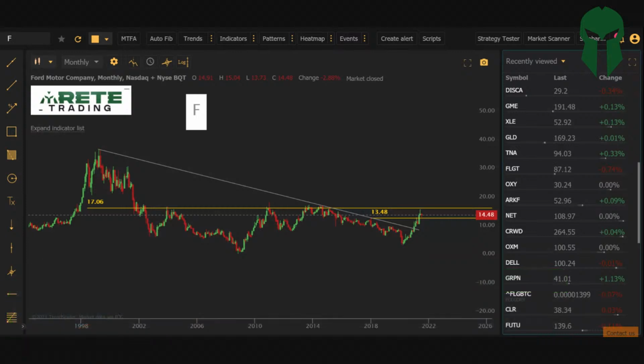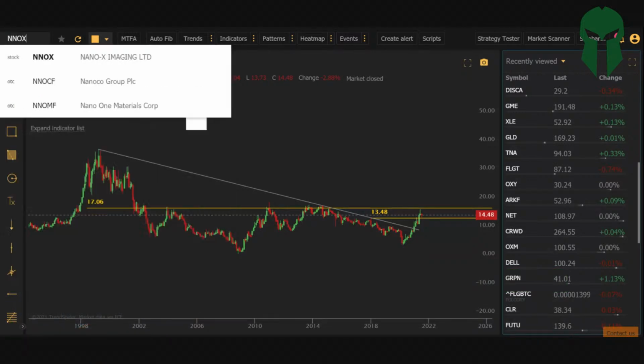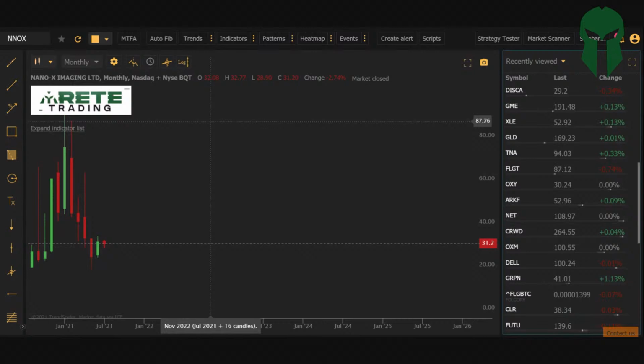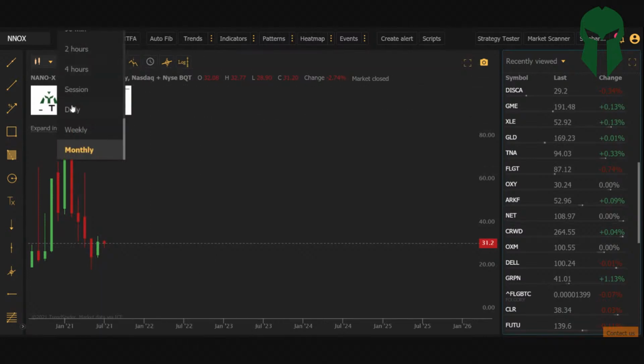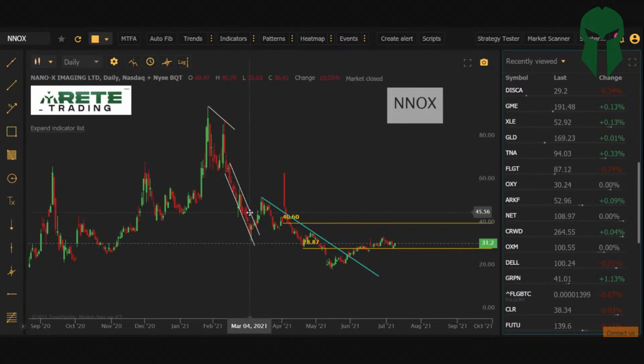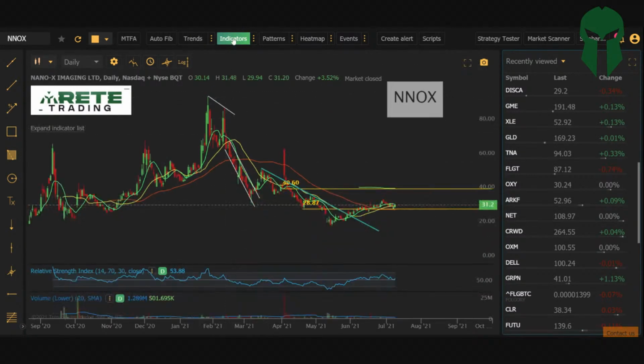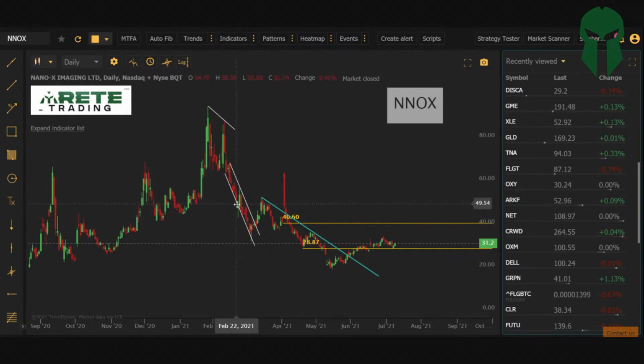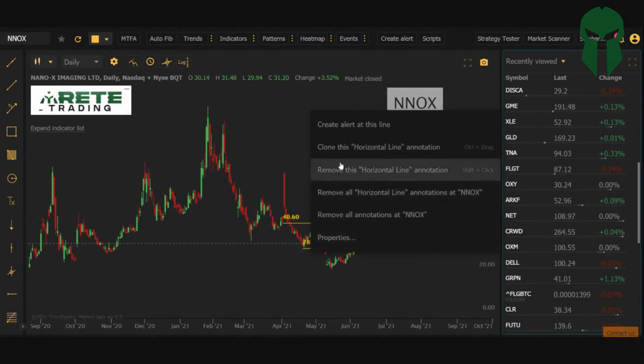NNOX, let's do it. Get rid of this monthly. So this was a great example of a stock that was just sell the news, right? Actually, we don't even need any of this. Let's just get rid of all of it.